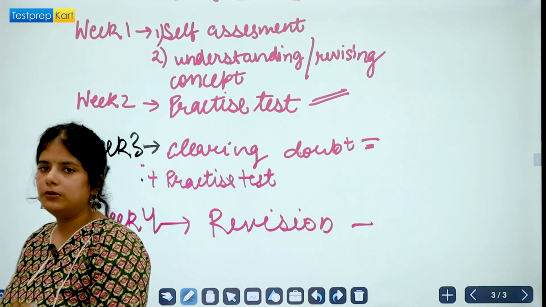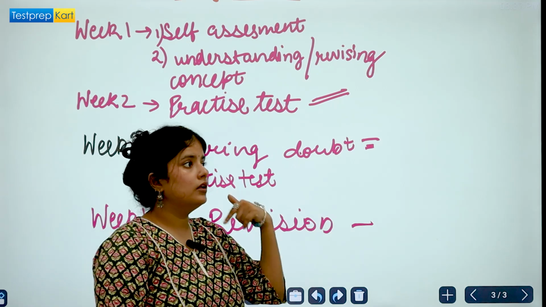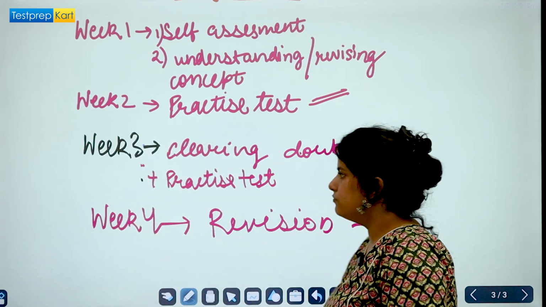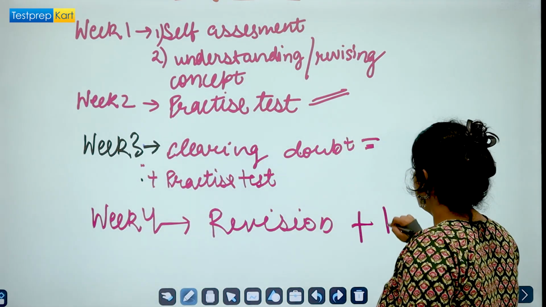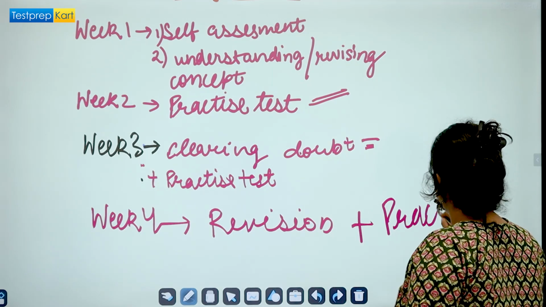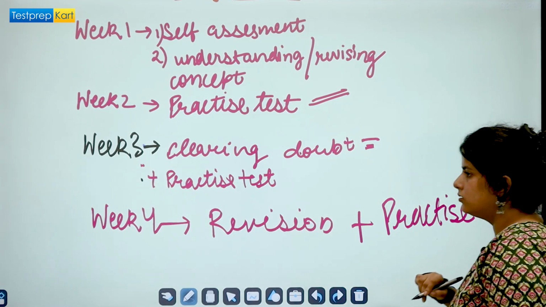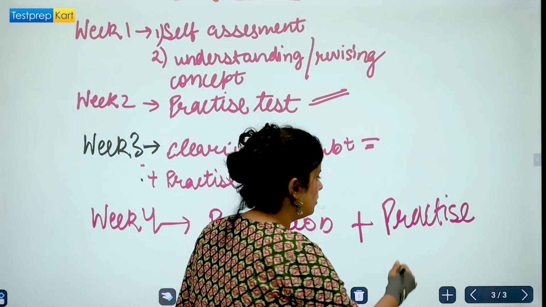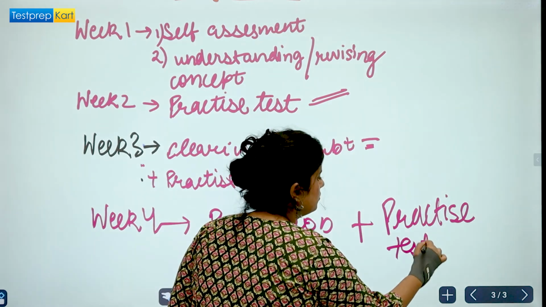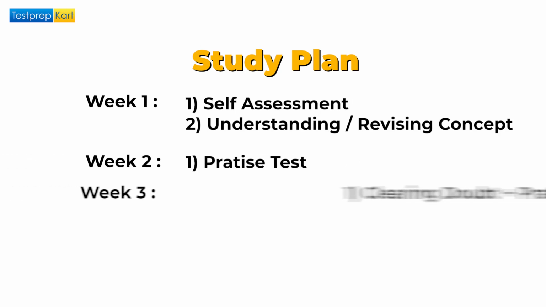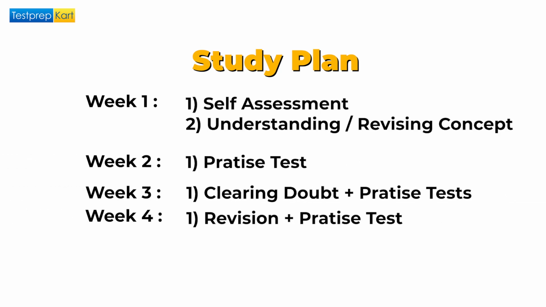I would be revising all the practice tests. And if I think I have to do more practice tests in the revision, I will do that, because before the exam, practice tests are more important. So that would be my 4-week schedule for SAT, and that's what I will be doing in the next 30 days.